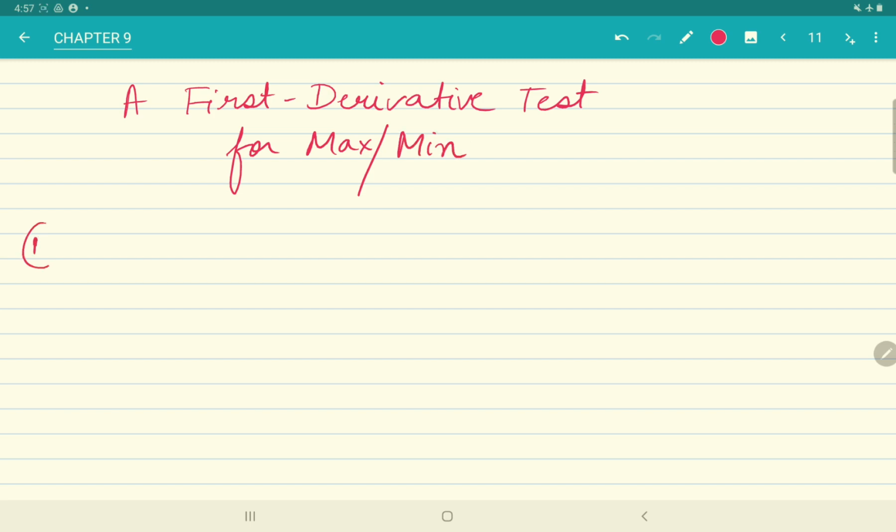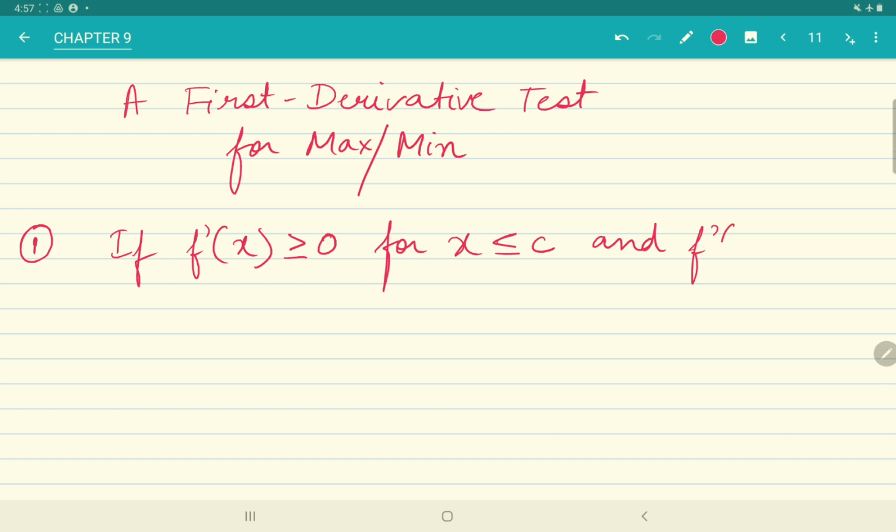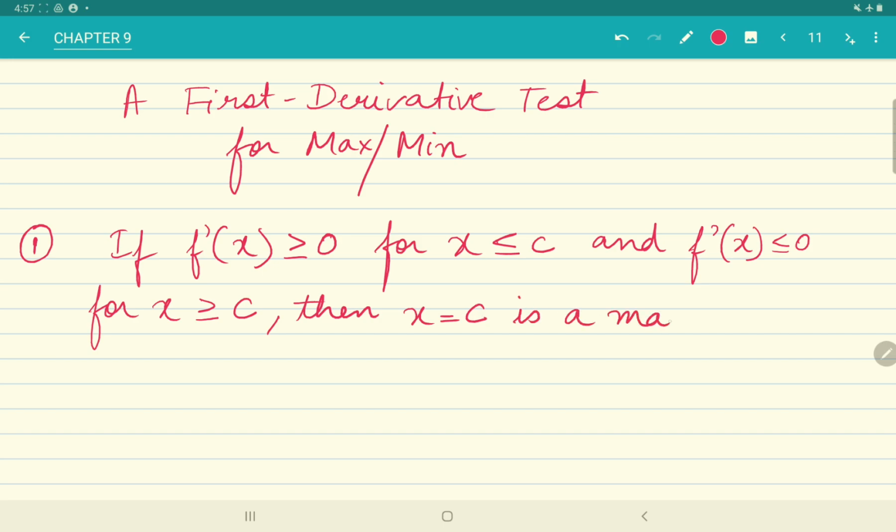The first thing to note is if f prime x is greater than or equal to 0 for x less than or equal to c, and f prime x less than or equal to 0 for x greater than or equal to c, then x is equal to c is a maximum point for f. What is the reason?